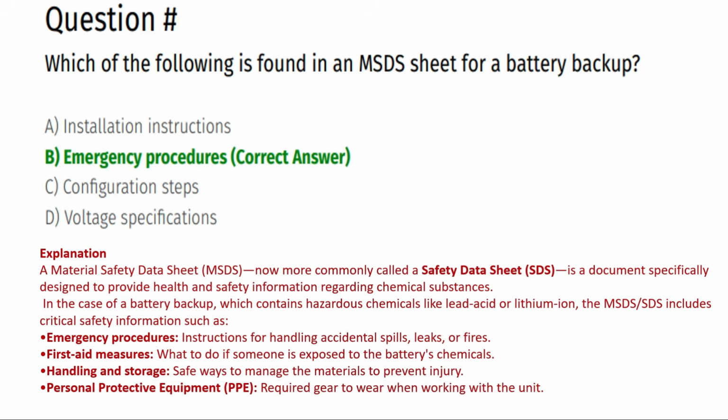So let's check the explanation. A material safety data sheet, MSDS, now more commonly called a safety data sheet, SDS, is a document specifically designed to provide health and safety information regarding chemical substances.